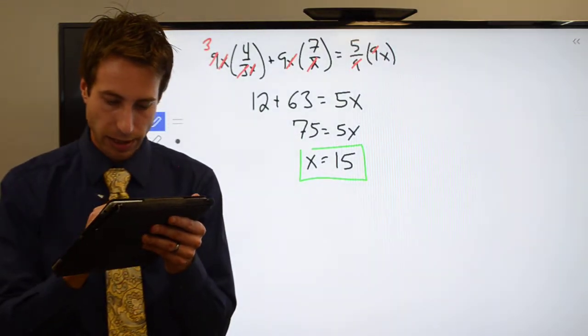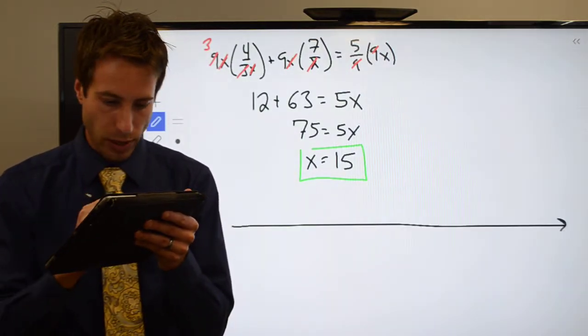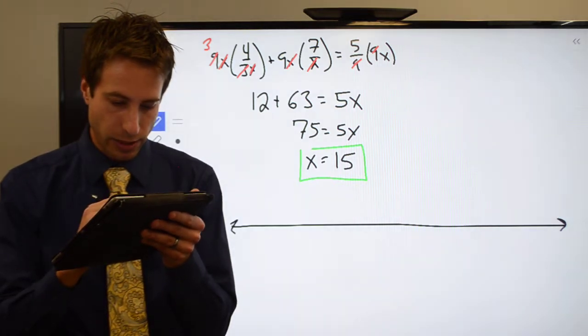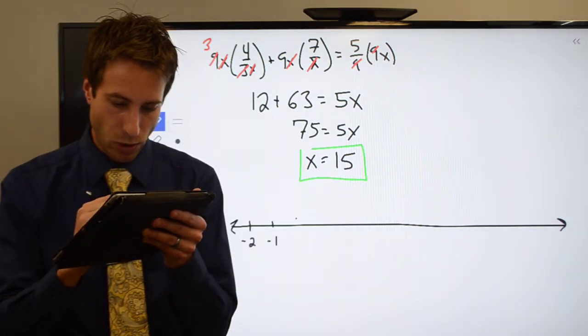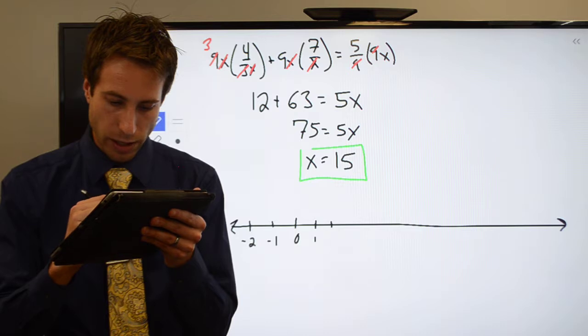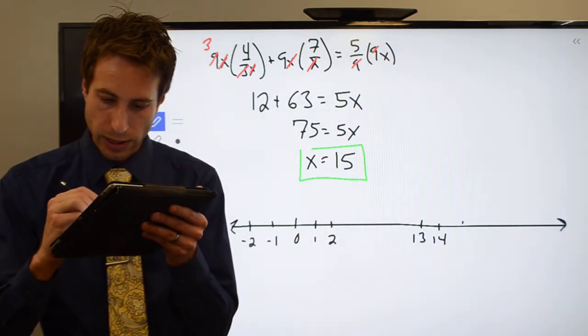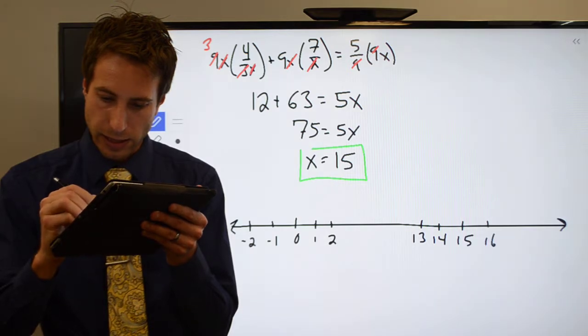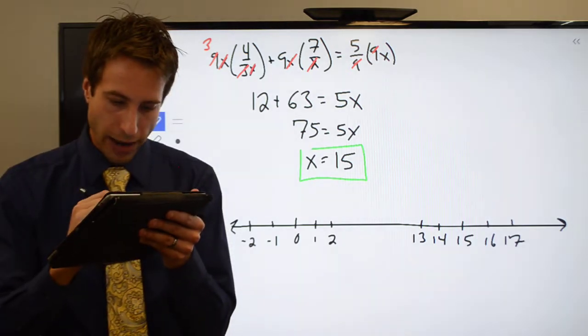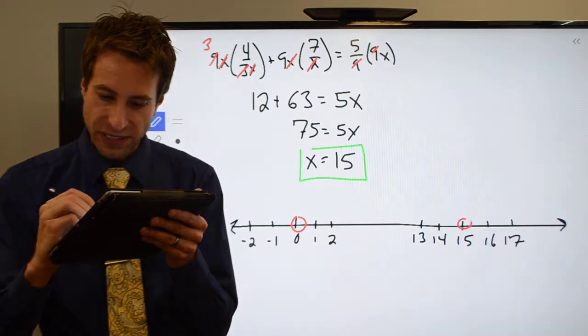Throw these guys on a number line. I'm going to wind up skipping around a little bit here. It was -2, -1, 0, 1, 2, skip a whole bunch, 13, 14, 15, 16, 17. All right, so 0 is out, 15 is out.